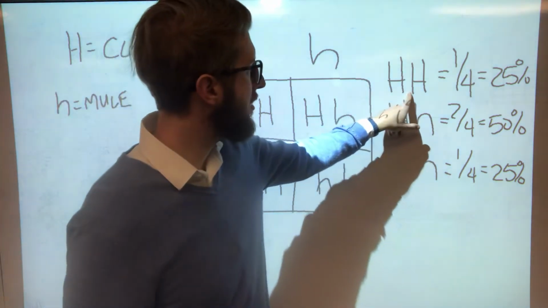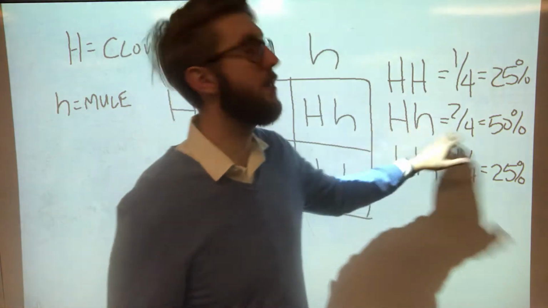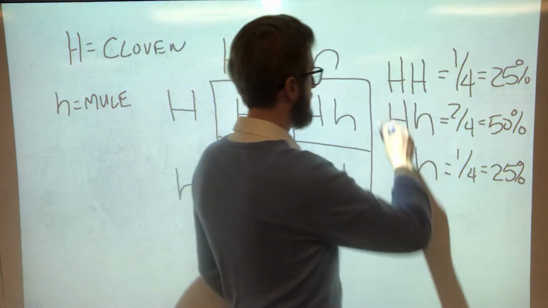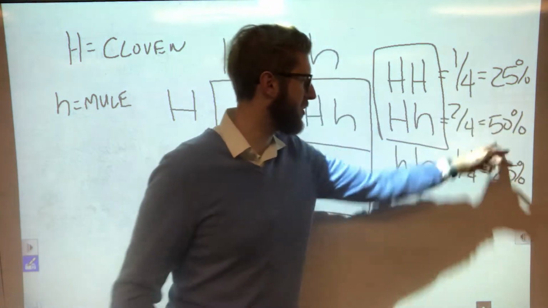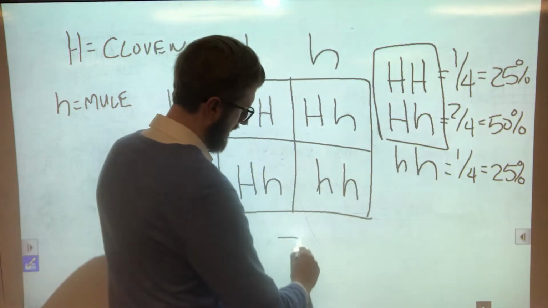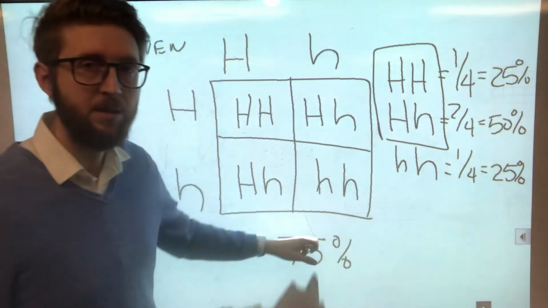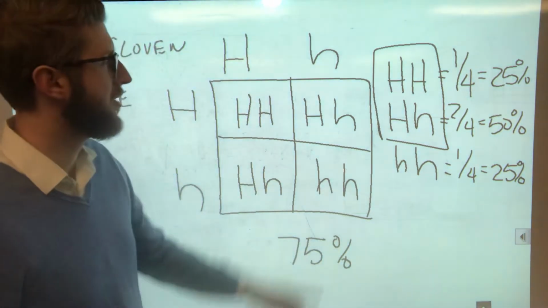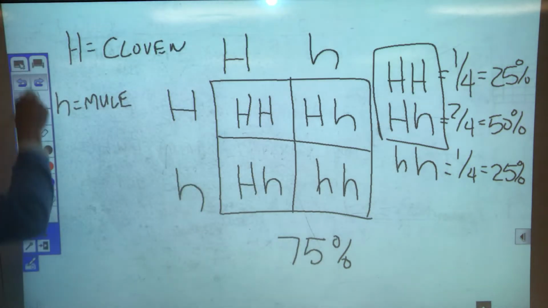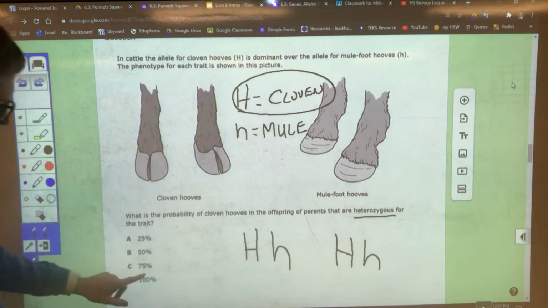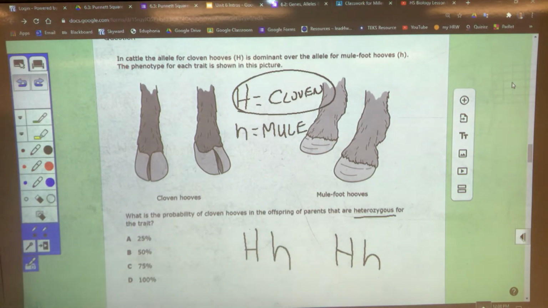So all these kids, if it's big H, big H, they'll have cloven hooves, and if they're big H, little h, they'll also have cloven hooves. So add these two together, 25 plus 50, that is a 75% chance that the offspring will have cloven hooves. So the answer to that one is C, 75%. Okay?